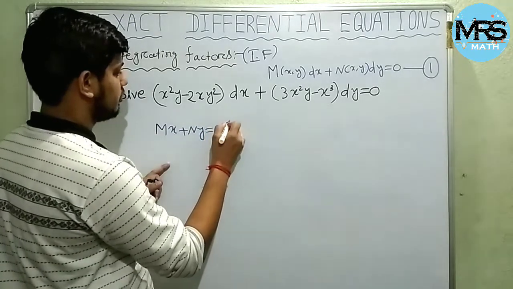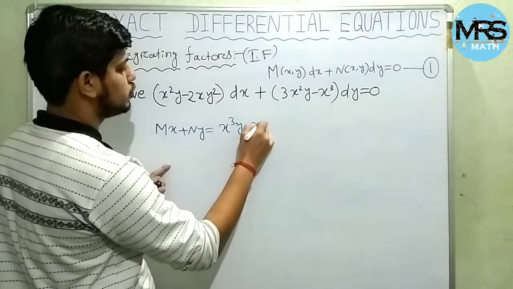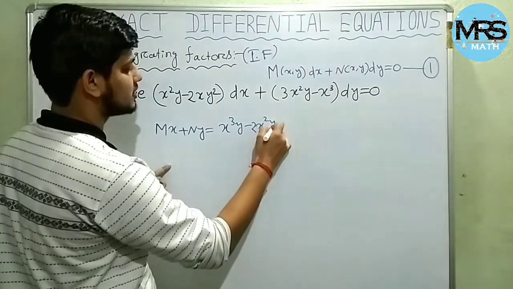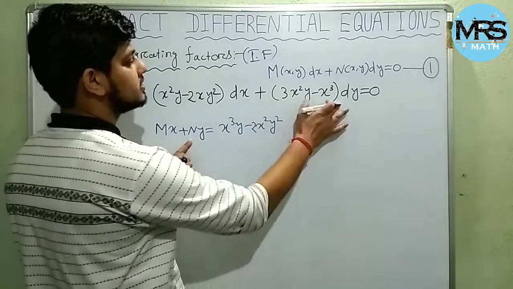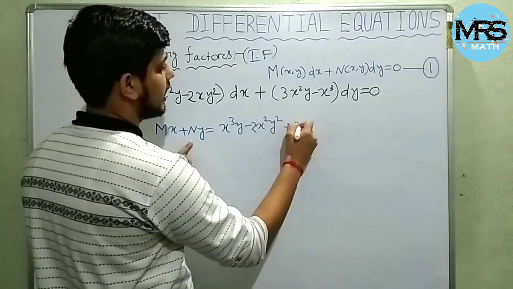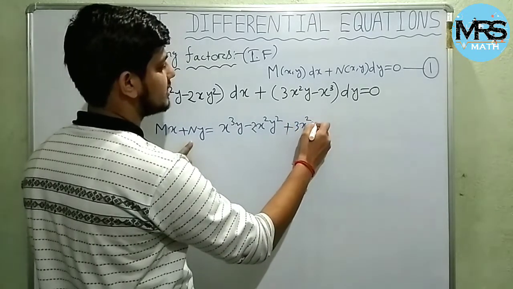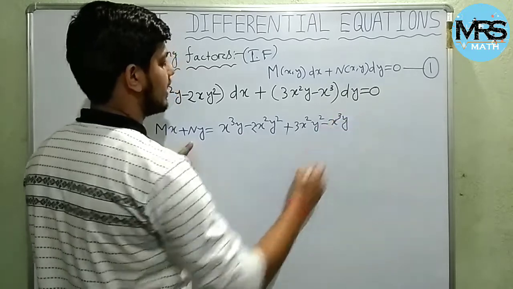So it will be x cube y minus 2x square y square, plus N into y, plus 3x square y square minus x cube y, correct?